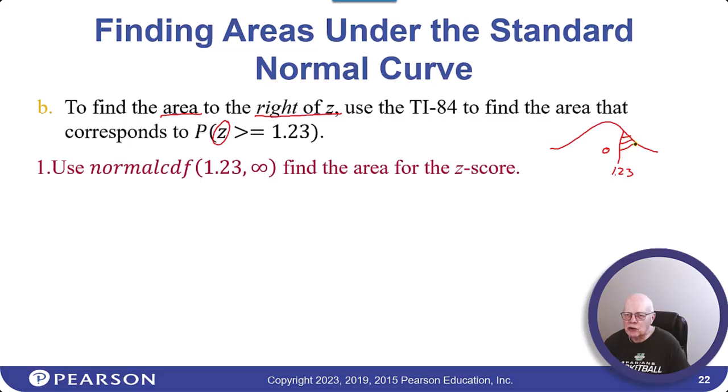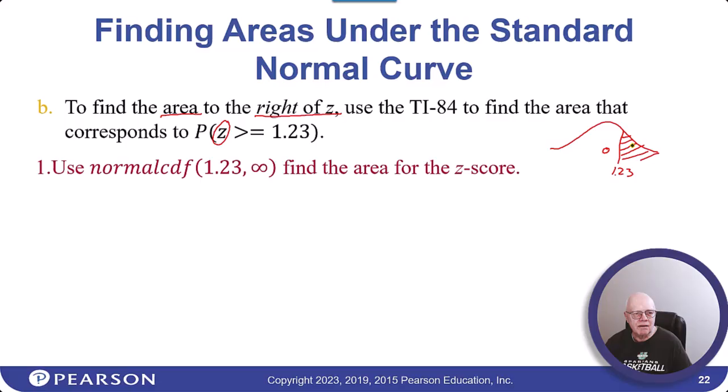This is what you're trying to find. Now remember, the area under the curve is 1, or 100%. If you look at this, this is less than half because it's to the right of 1.23. So keep that in mind. When you get your answer, it needs to be less than 0.5.